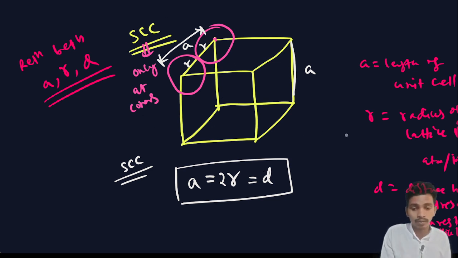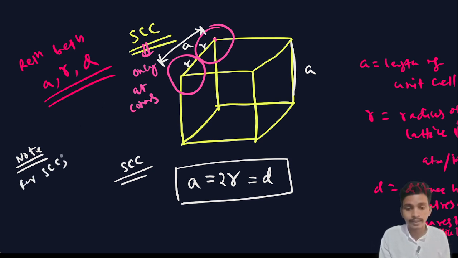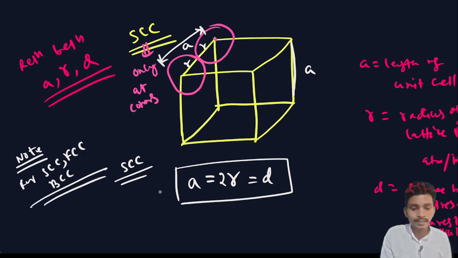Note that for every case, whether it is SCC, FCC or BCC, D is always 2R. Why am I saying that?